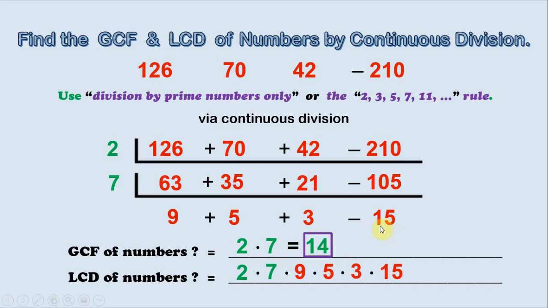In calculating the LCD, we will ignore the sign of the numbers and assume that they are all positive. Therefore, we found our LCD to be the product of 2, 7, 9, 5, 3, and 15, which is 28,350. Hence, the LCD of the numbers 126, 70, 42, and negative 210.